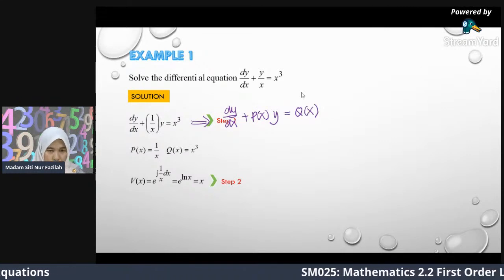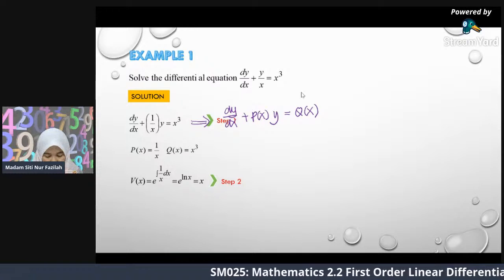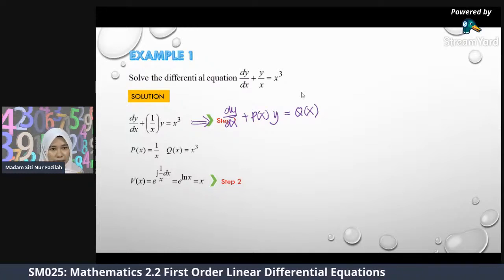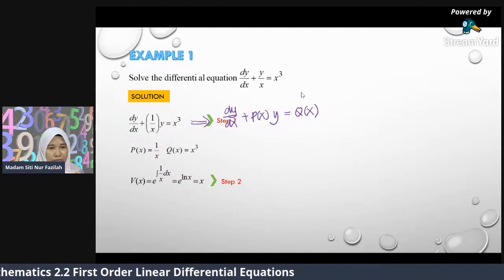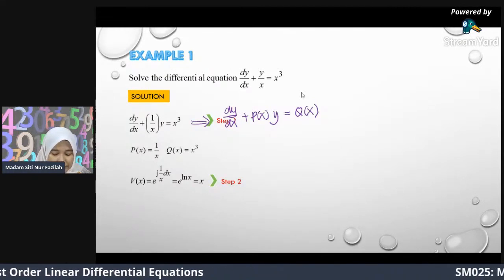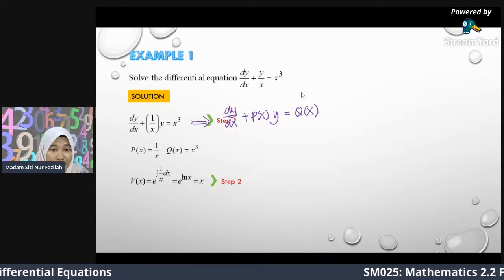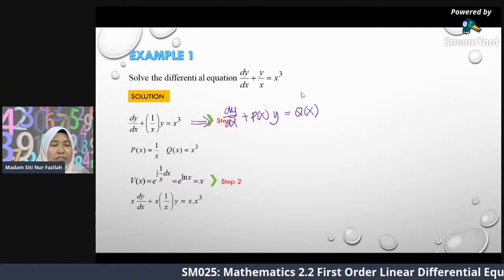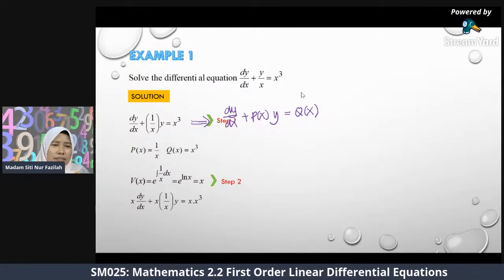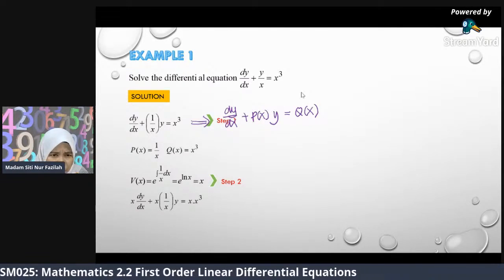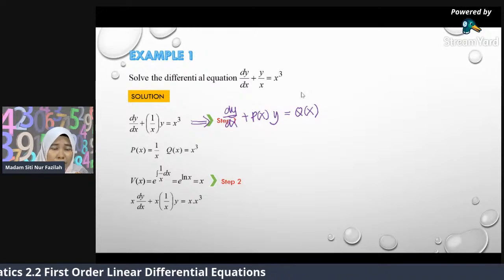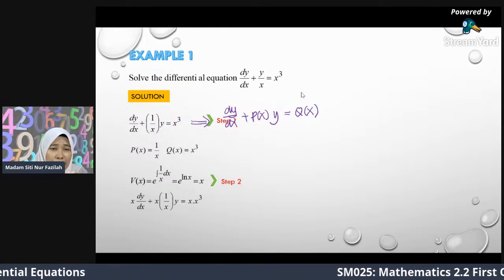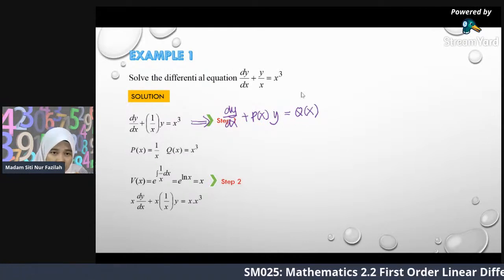Next, what is step 3? For step 3, we need to multiply the DE in step 1 with V(x). Just rewrite: x multiplied with dy over dx plus x multiplied with 1 over x y equal to x multiplied with x to the power of 3.